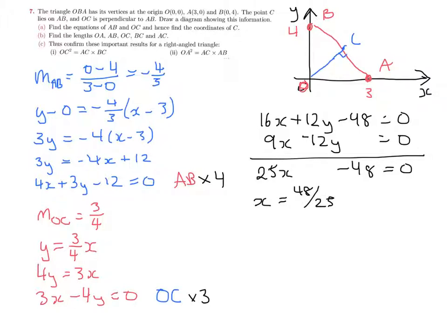And if we substitute back into any of the equations, in fact we're going to be really cheeky and substitute it back into this equation back here, which is another form of the equation of OC. So we know y equals 3/4 times x, which is 48 over 25. So that's going to be 36 over 25.